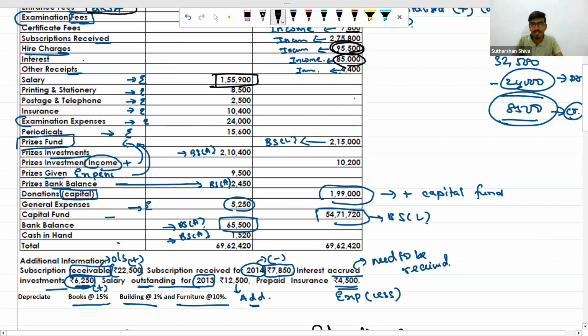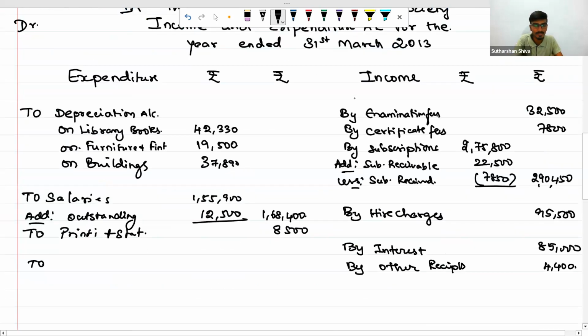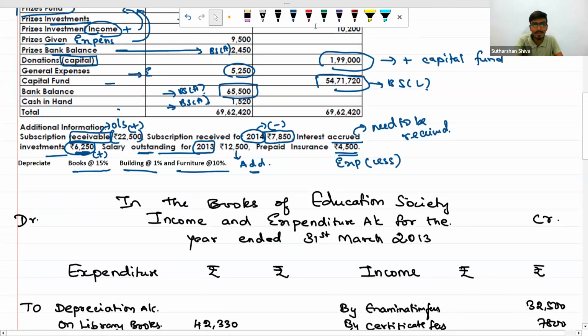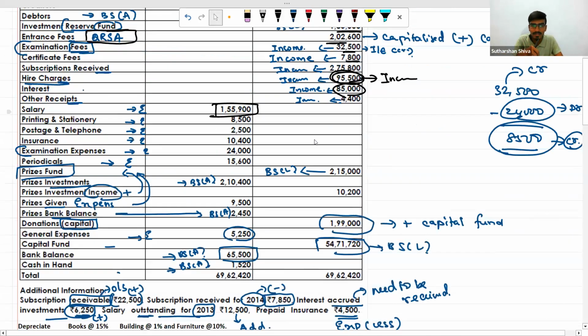So I simply treat it as an income. I am renting something, maybe I am making a library, correct? Hiring charges means I may rent out some of my books, or maybe the building, they may give anything on hiring basis.